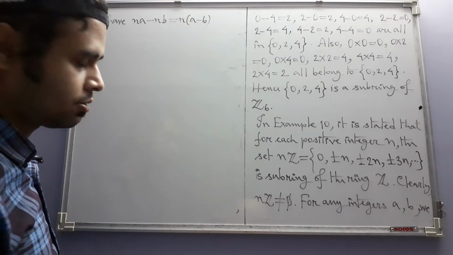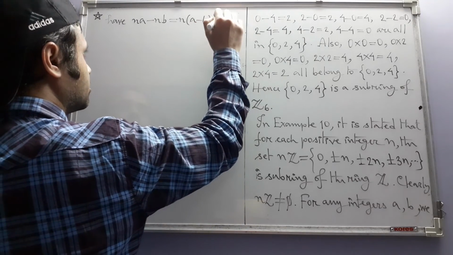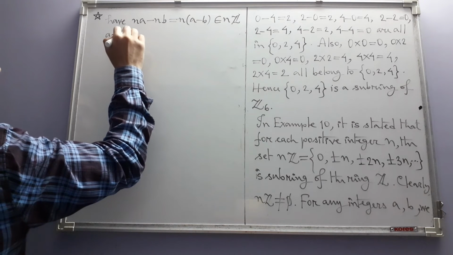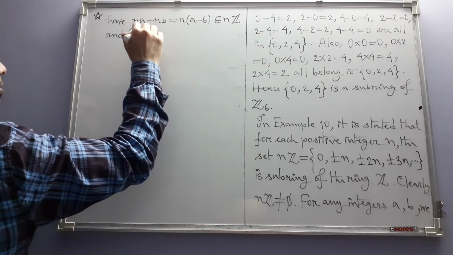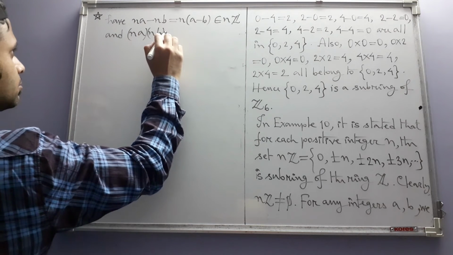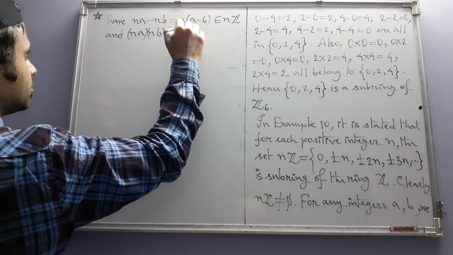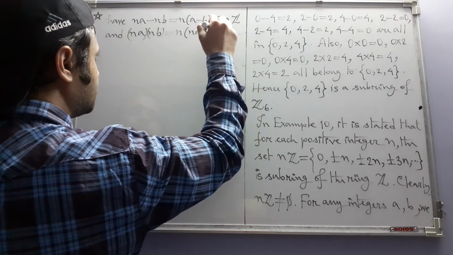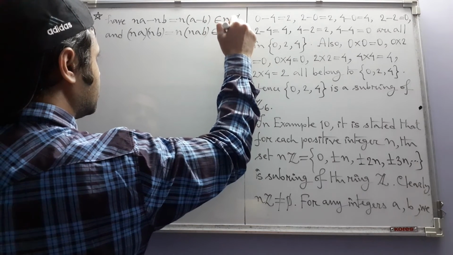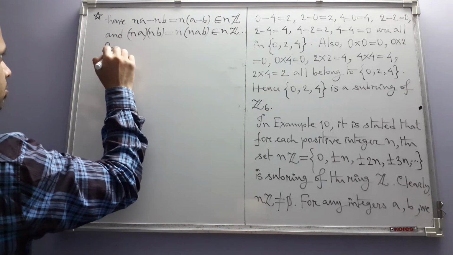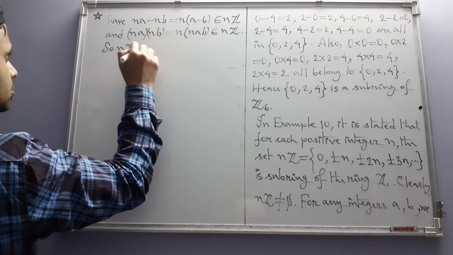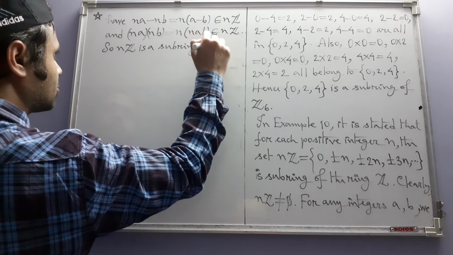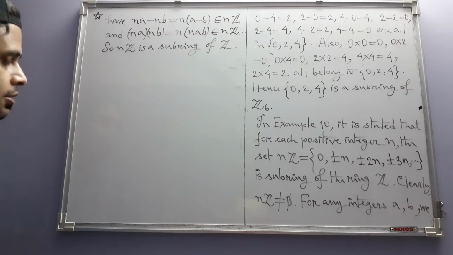Since a minus b is also an integer, this belongs to nZ, and na times nb can be written as n times nab. nab is also an integer, so this belongs to nZ. So this is a subring of the ring of integers.